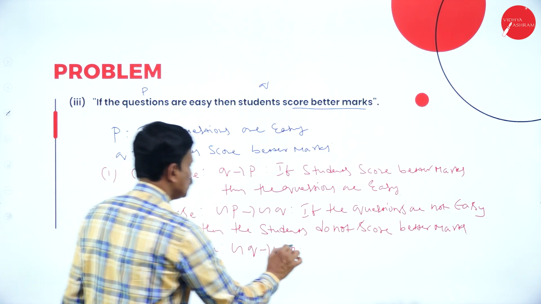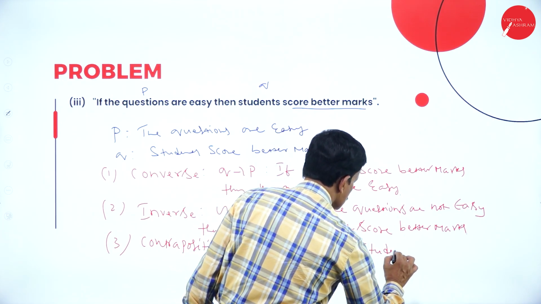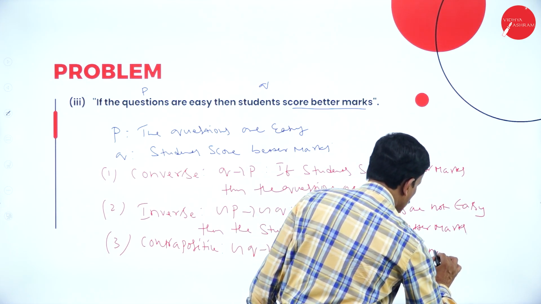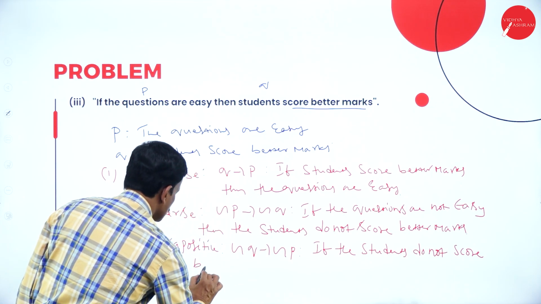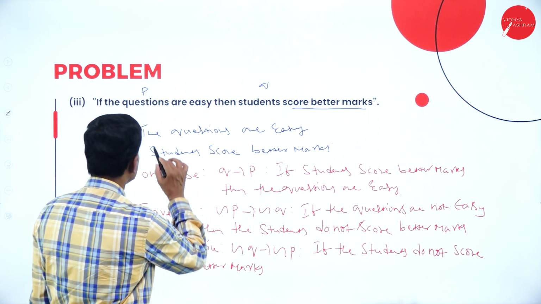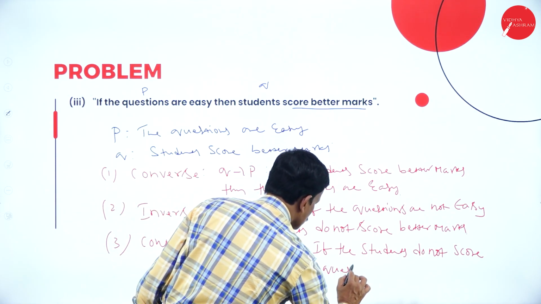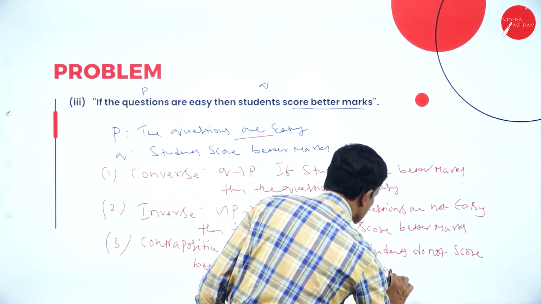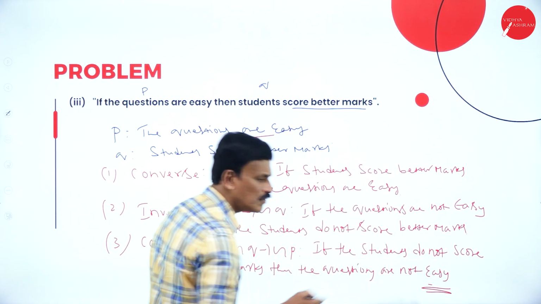Negation of q means if the students do not score better marks, then the questions are not easy. That's it. This is how we are going to write.